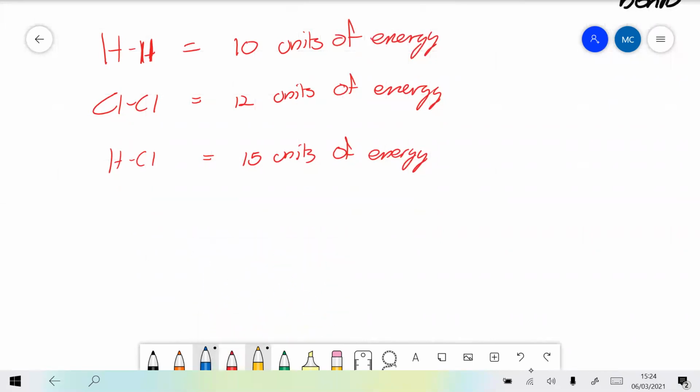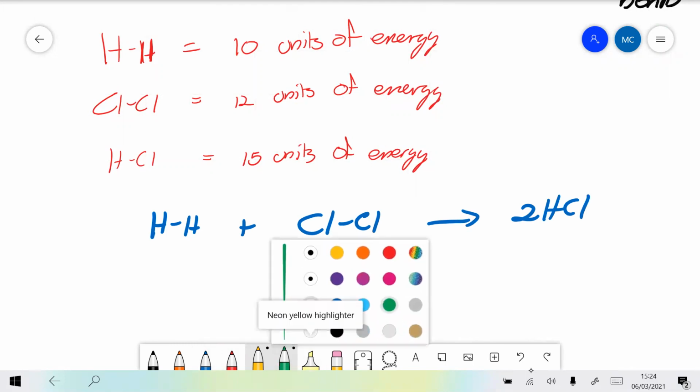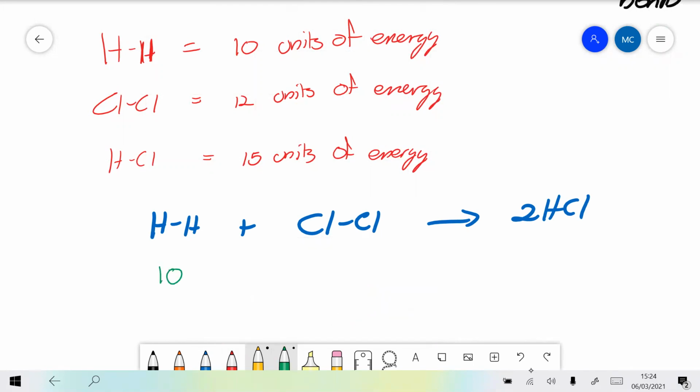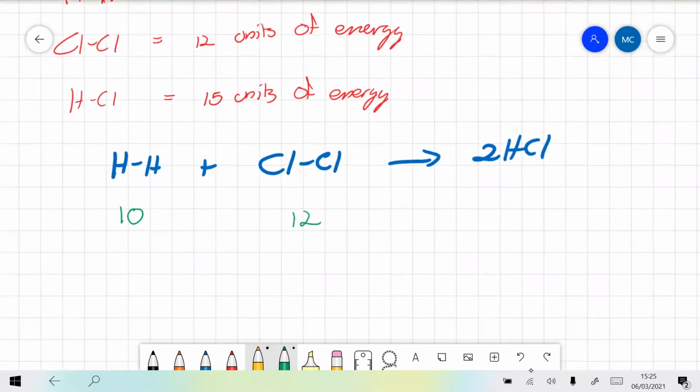So if I have the reaction hydrogen plus chlorine to give 2HCl, I know that I will require 10 units of energy to break the hydrogen-hydrogen bond, and 12 units of energy to break the chlorine-chlorine bond.